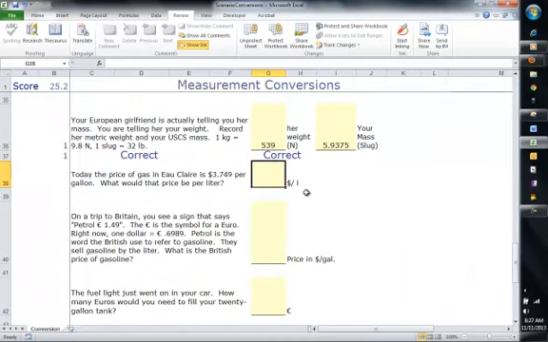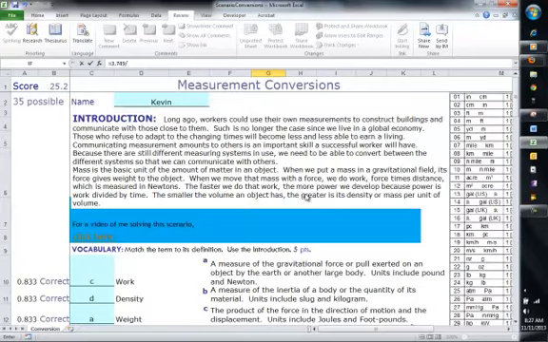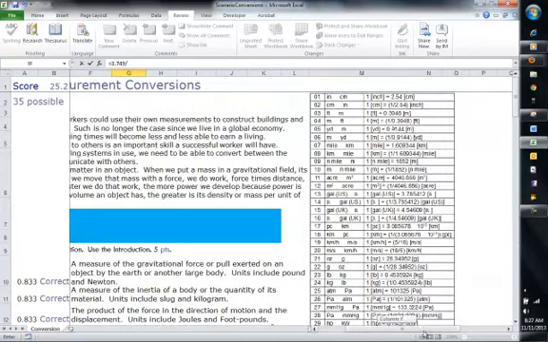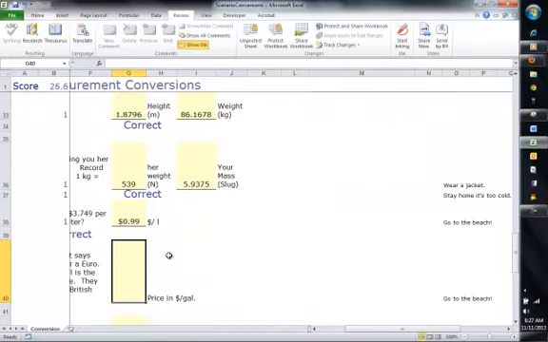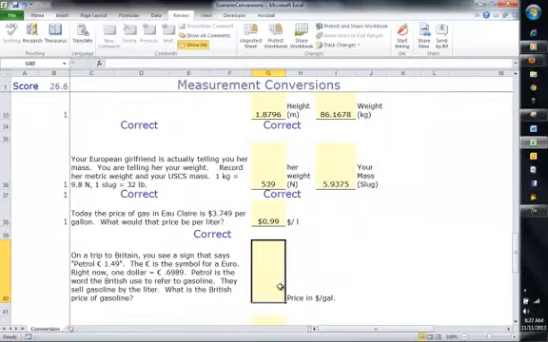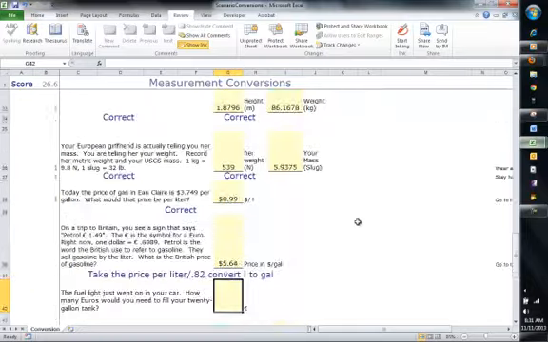So we would say equals 3.749. Then we're going to divide by the liters in a gallon, which is, where was that again? Right here, 3.785412, and we get 99 cents per liter.